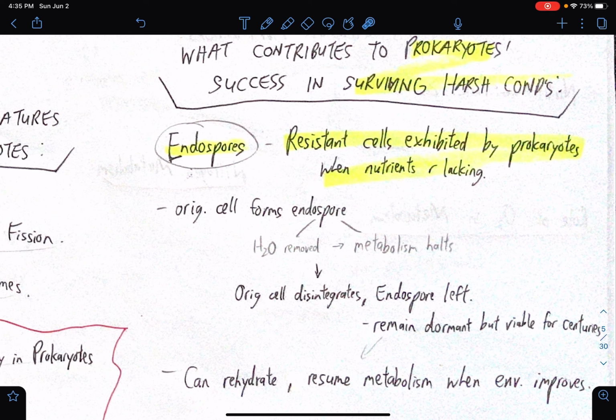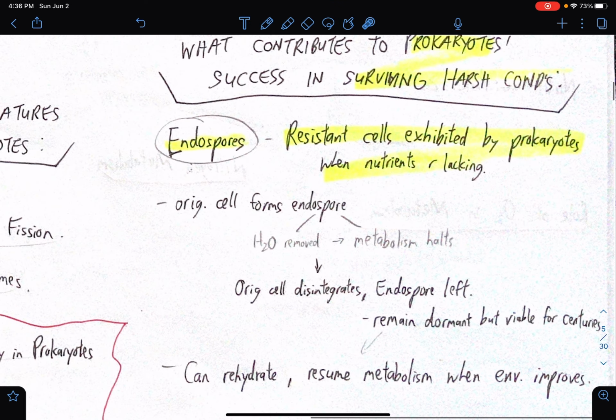I'm not sure what it's called, what they close, but in order to conserve water, they close that particular part of the plant, so that no water is wasted and no carbon dioxide is received in exchange.